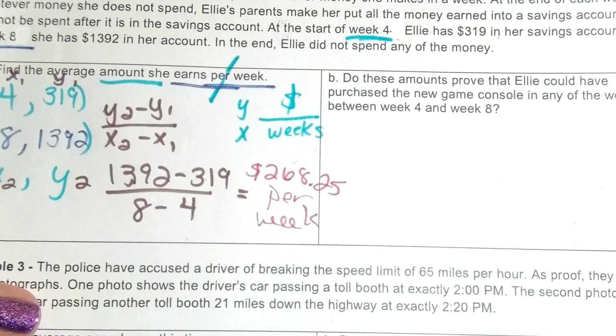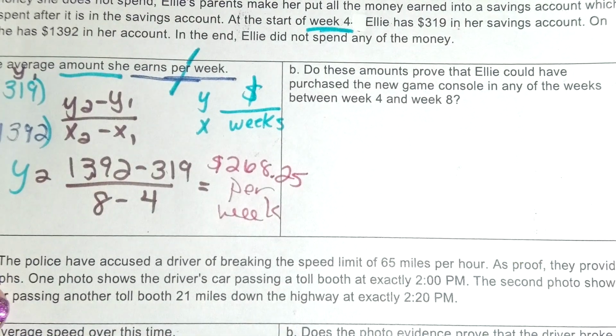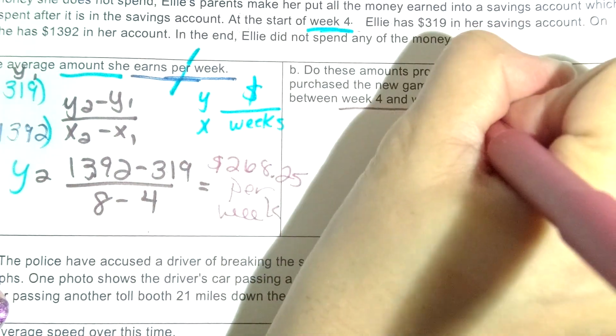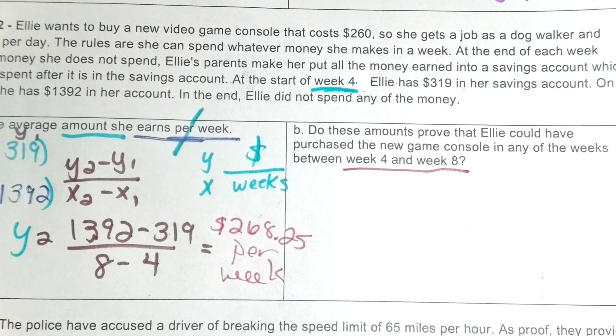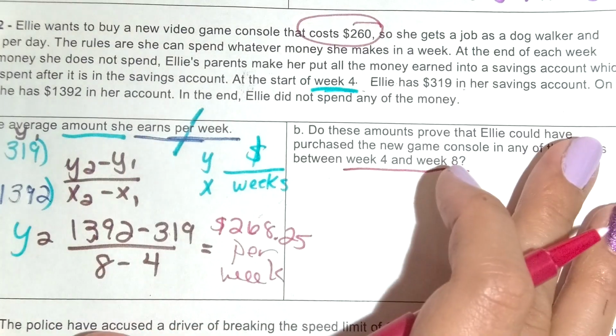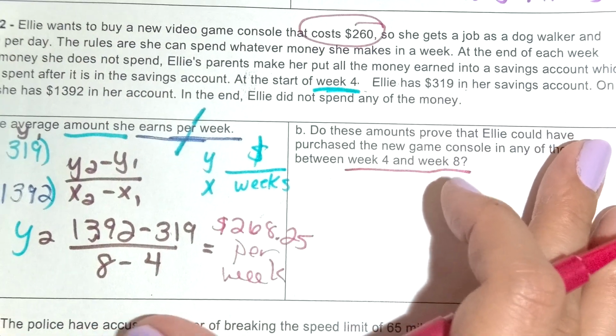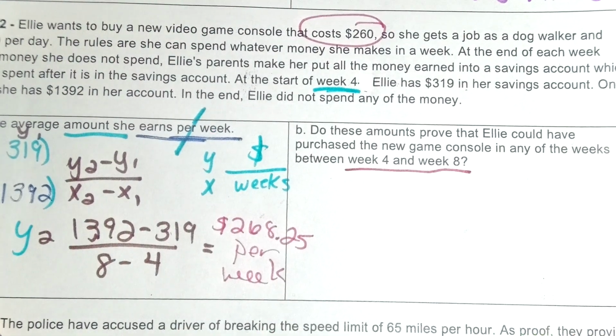Second question asks, do these amounts prove that Ellie could have purchased the new game console in any of the weeks between 4 and 8? So let's look. How much was the console? $260. What'd you say? Why? Very good. Yeah, Lucero.